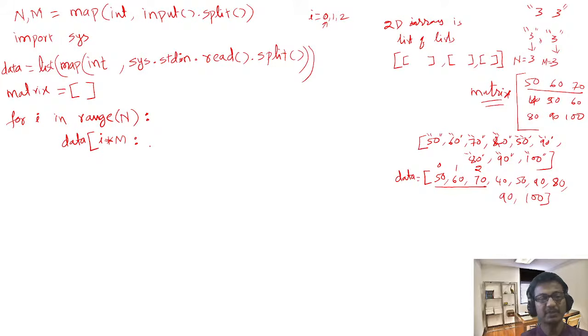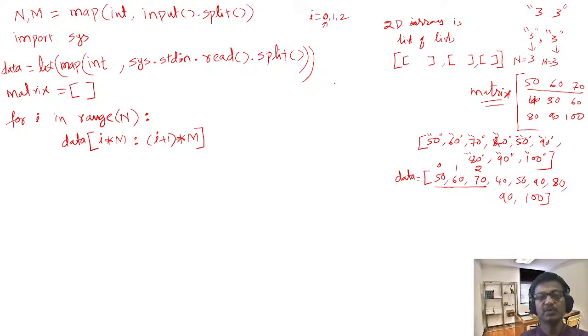For that purpose, I simply multiply this i plus 1 with m, so that I stop at 2. Now you can see here, i plus 1 means 0 plus 1, 1 multiplied by 3. It is nothing but the slice operator I am using here: data of 0 colon 3.